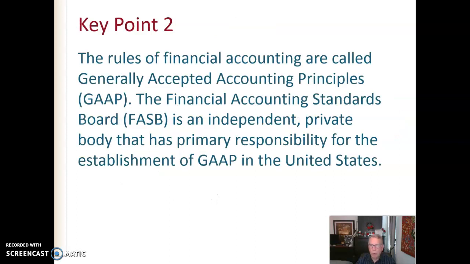The rules of financial accounting are called these generally accepted accounting principles, and the Financial Accounting Standards Board is, as I said, an independent private body that has the primary responsibility for establishing generally accepted accounting principles, GAAP, in the United States.